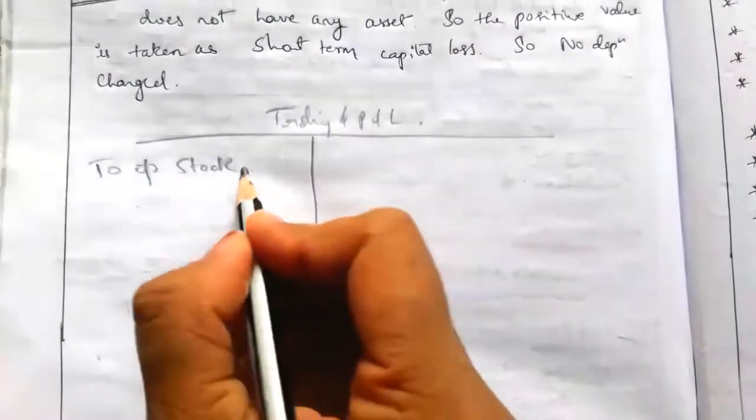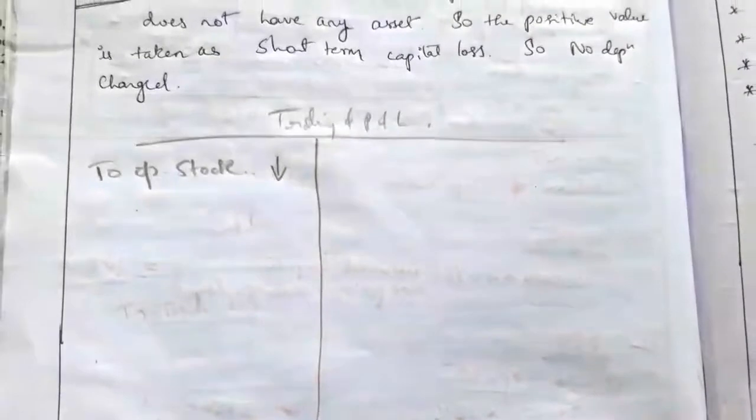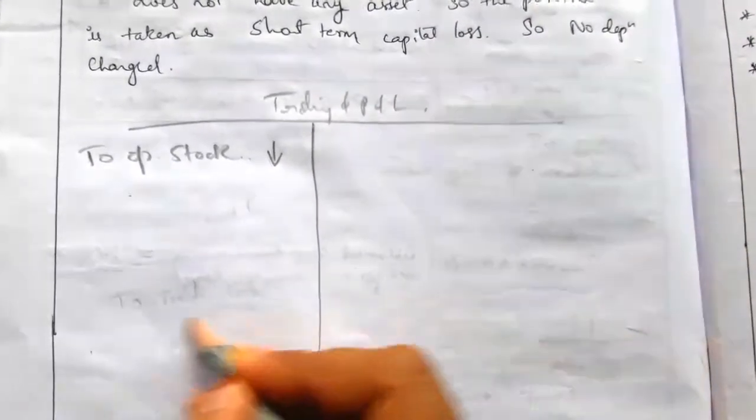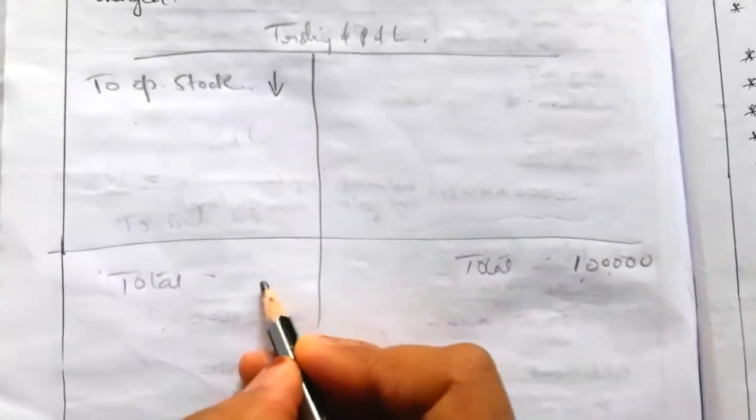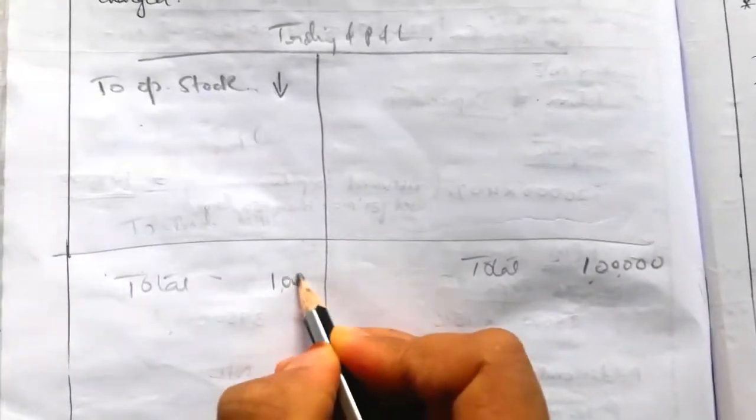So this opening stock has been undervalued. They have recorded less. This is the total of both sides, credit side and debit side. We'll take one example. Here the total might be 1 lakh. We got a total of rupees 1 lakh.